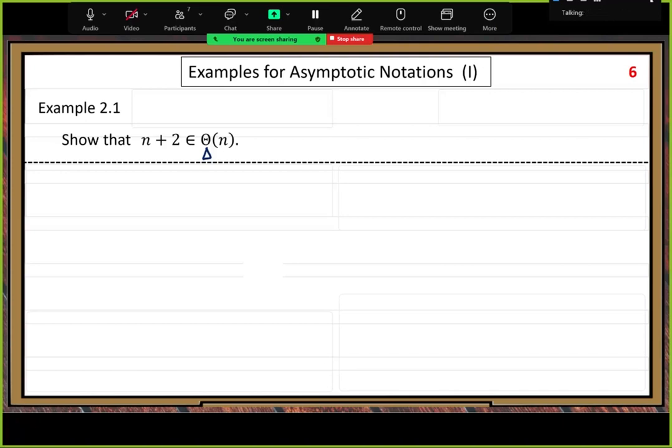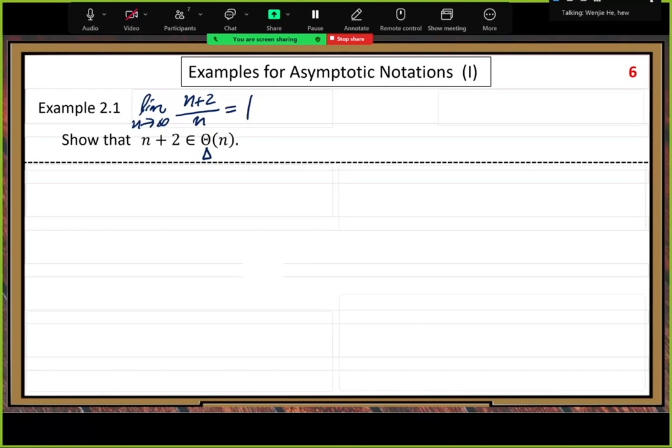Then you can show the conclusion. Here the limit is very easy to calculate. What's the limit? The limit when n goes to infinity of n plus 2 over n. Can you see the limit equals 1?